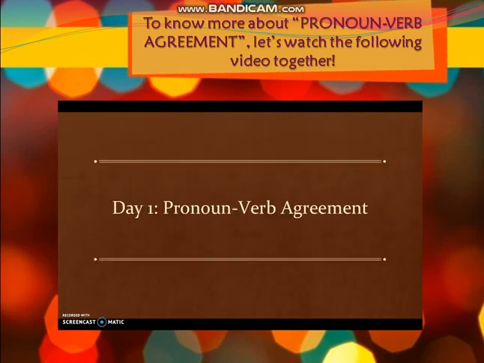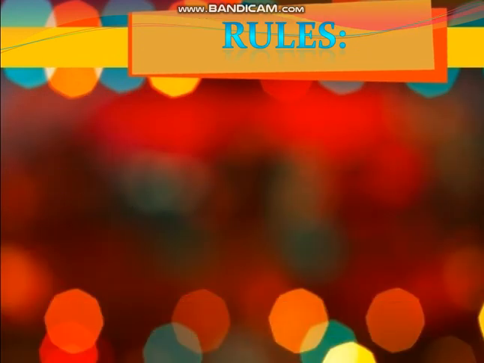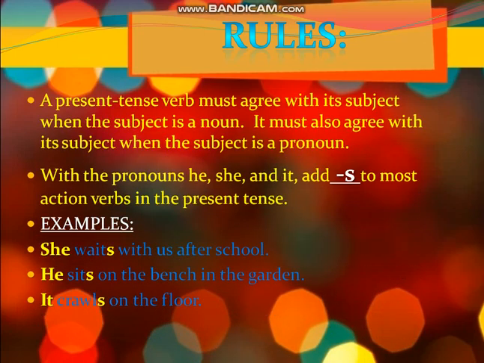Okay, let's move on. Now, what about talking about the rules? Let's see. Now, I'm gonna use my own style in explaining these rules. Let's start. A present tense verb must agree with its subject when the subject is a noun. Remember? It must also agree with its subject when the subject is a pronoun, as we said.